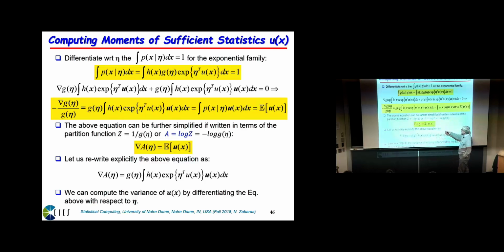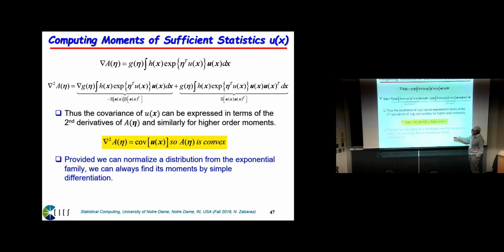Remember, A is the log of the partition function, so this is not an easy calculation, but if you know A and you take the gradient with respect to eta, then this is the first moment. And similarly, you can show the covariance is the second derivative, the Hessian, etc.